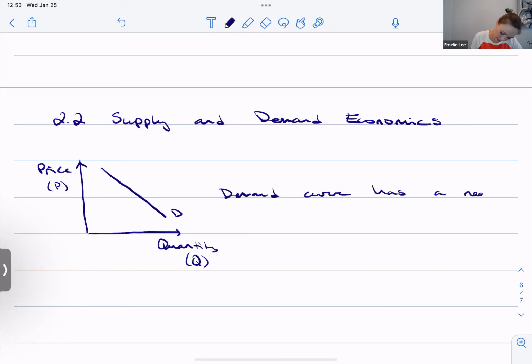If the price is high, then the quantity in demand is low, right? If as we lower the price, then the quantity in demand is high, right?